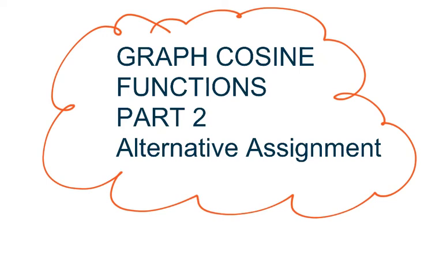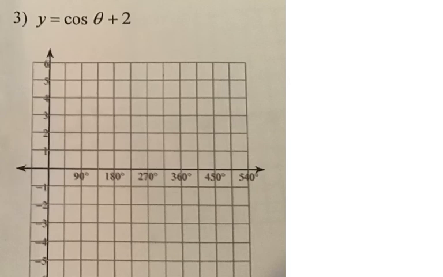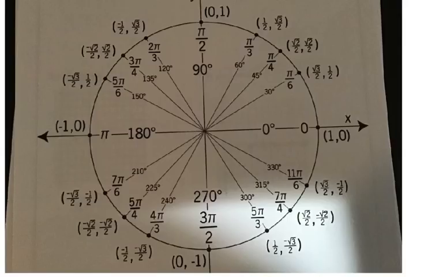Let's get started here. So let's say here is a cosine function. And how are we going to graph cosine theta? Well, if you remember from the unit circle, from the last video, we know that at 0 degrees, x, which is cosine, is 1.